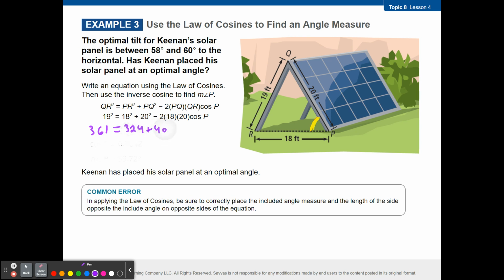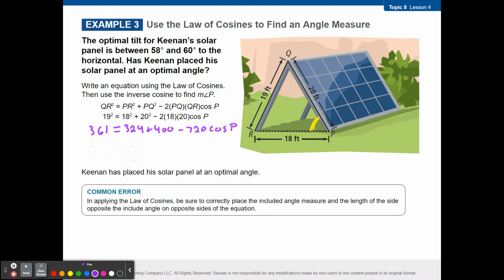Plus 20 squared, 400. We know that. Now someone tell me, what is 2 times 18 times 20? 720. So we're going to have 720 times the cosine of angle P.